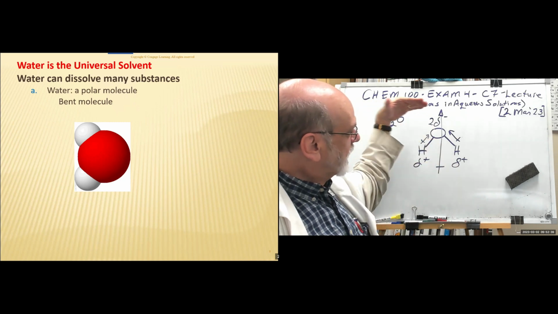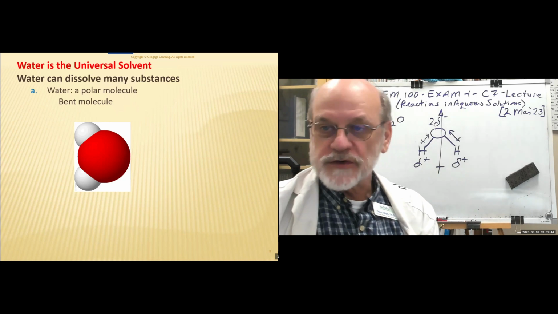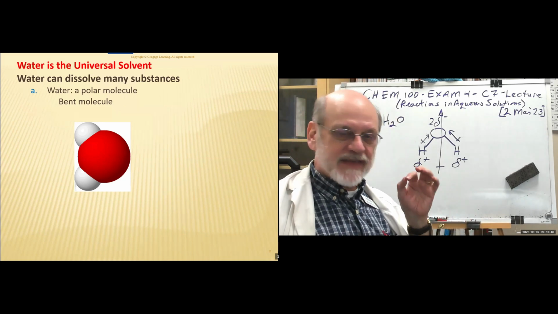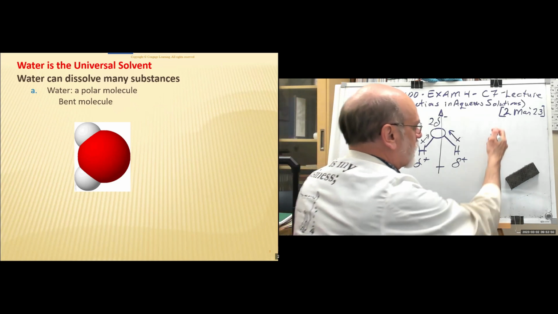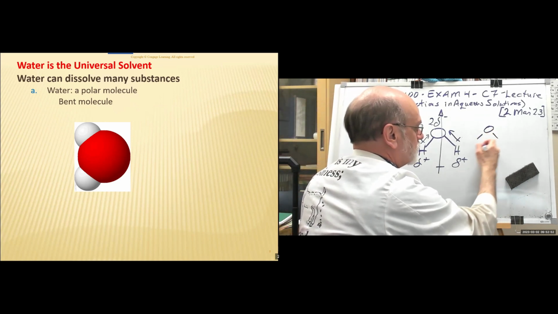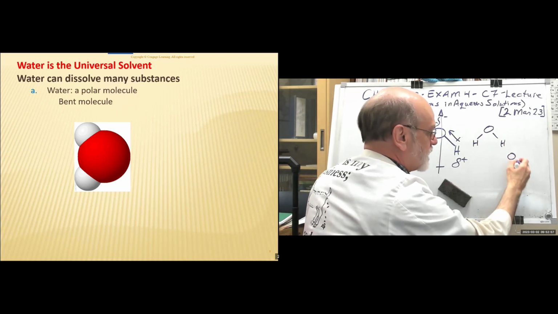It's more negative on this side and more positive on this side. So the end result of that effect is that when two water molecules approach one another, they're going to line up like this.